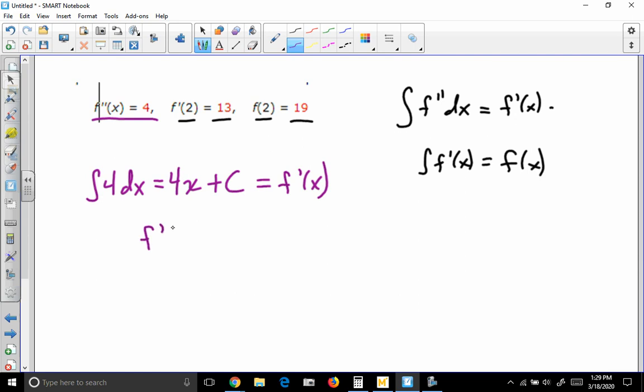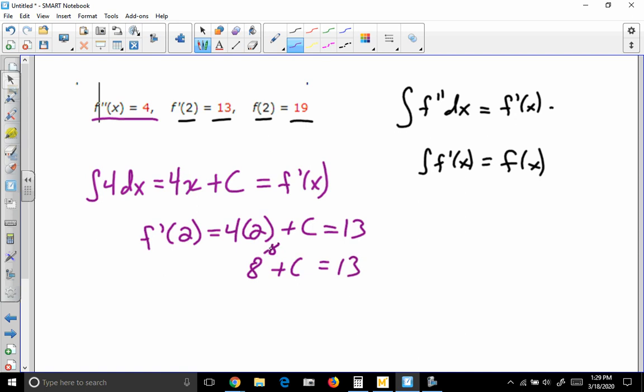So in our first derivative, when we put a 2 into our first derivative, we would get 4 times 2, plus c, and the answer when we plug 2 in should be 13. So 4 times 2 is 8. How do we get c by itself?